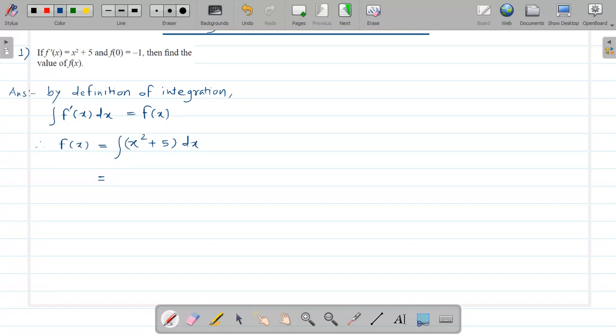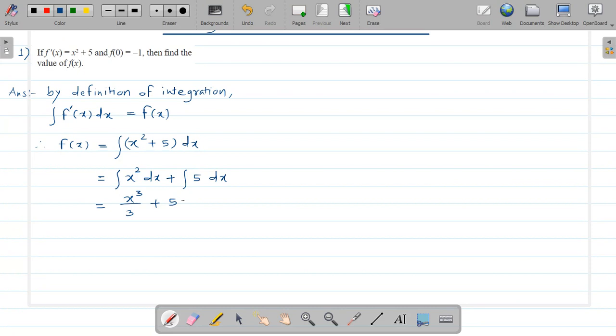So now take the integration. First of all we will take the integration of x square dx plus the integration of 5 dx. That is equal to, the integration of x square is x cube upon 3, plus, for the integration of 5, you can keep 5 outside of the integration, into the integration of 1 dx.